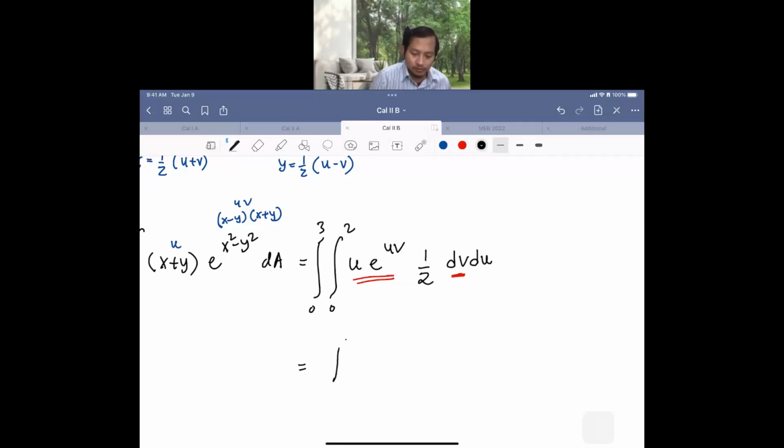So we could take the half outside, and then integrate the inside, e to the uv with respect to v. This is the same as e to the uv over u, so this will result in e to the uv, from 0 to 2, and then du. Okay.